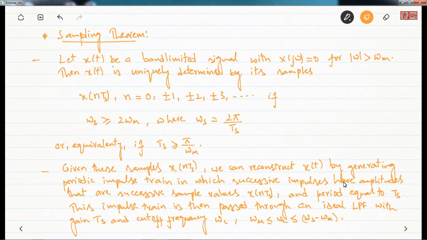So the resulting output signal of the LPF will be x of t.